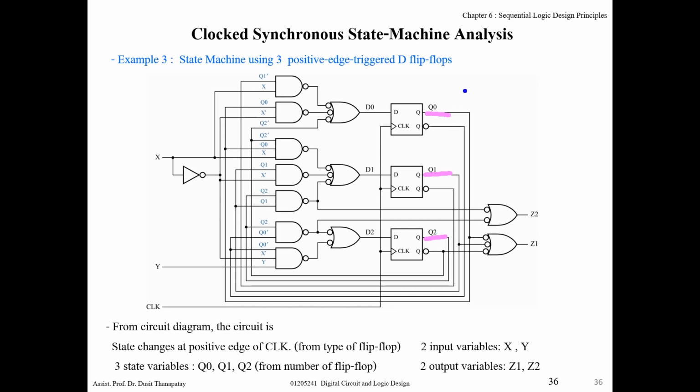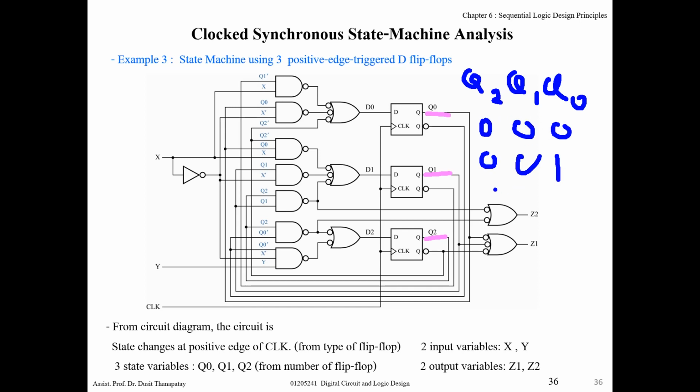Namely, there are 8 states, when Q2, Q1, Q0 is 000, 001, 010, until 111. Okay, 8 possible states that this can be.